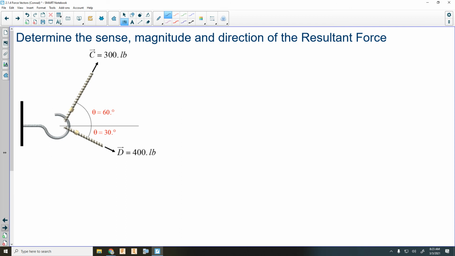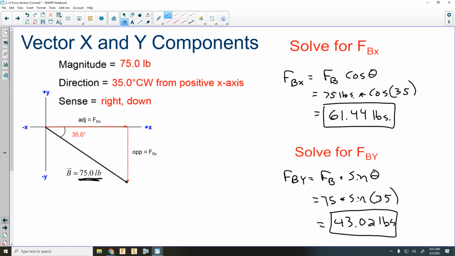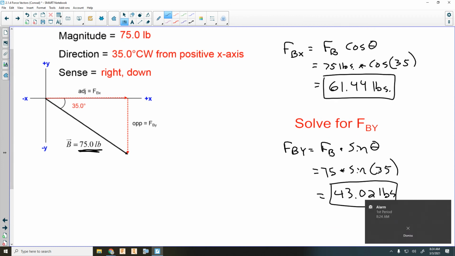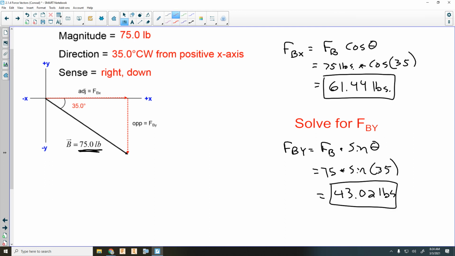Yes, Sean? Oh, Sean has called us on this. Thank you, Sean. We forgot something. I should have pointed this out, but the y force is negative.